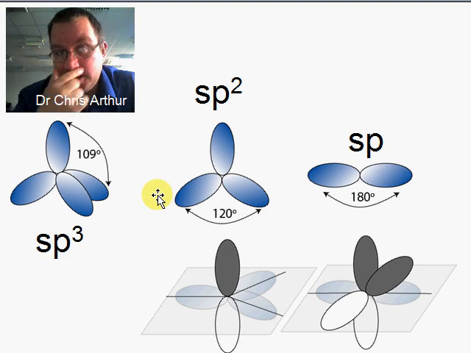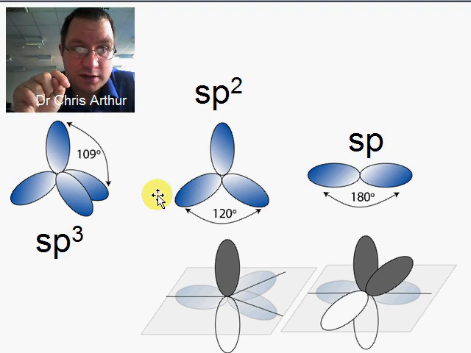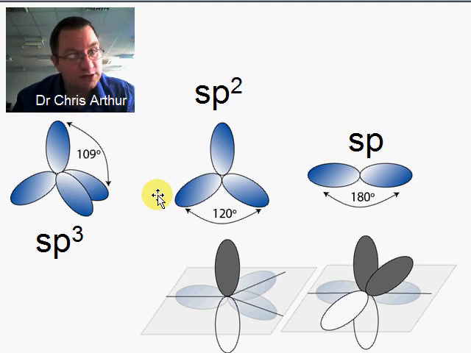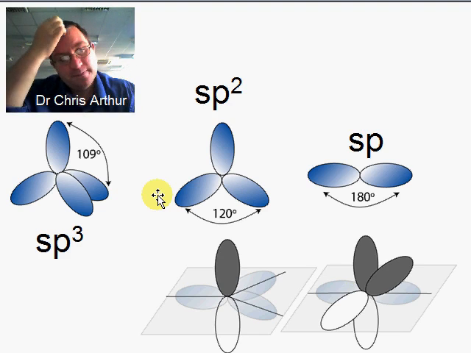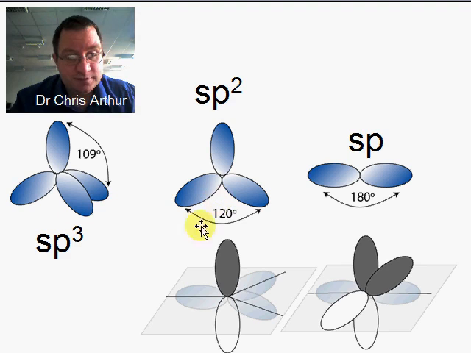Now, to recap, the atomic orbitals of carbon don't directly explain the shapes of organic molecules. What we do, though, is mix these atomic orbitals, hybridize them, and that gives us these hybrid orbitals, sp, sp2, and sp3, and these hybrid orbitals tell us the geometry of organic molecules.